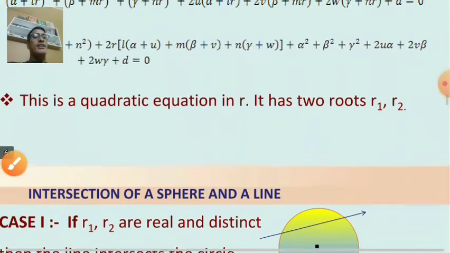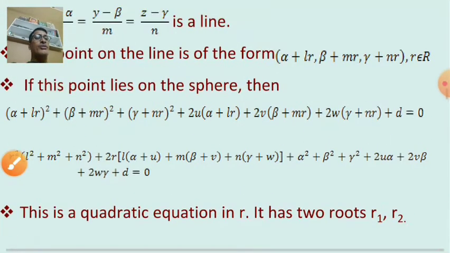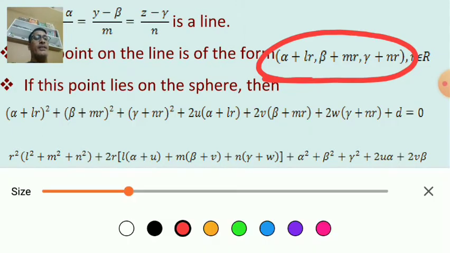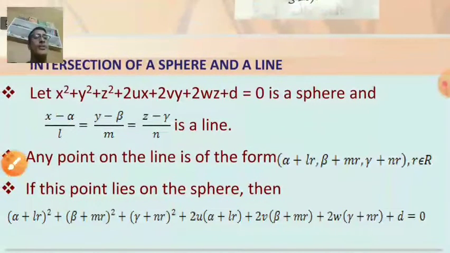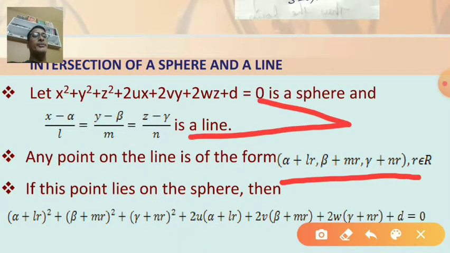If r1 is equal to r2, then what happens? You only get 1 point. Then obviously this line and this sphere have only 1 point in common.